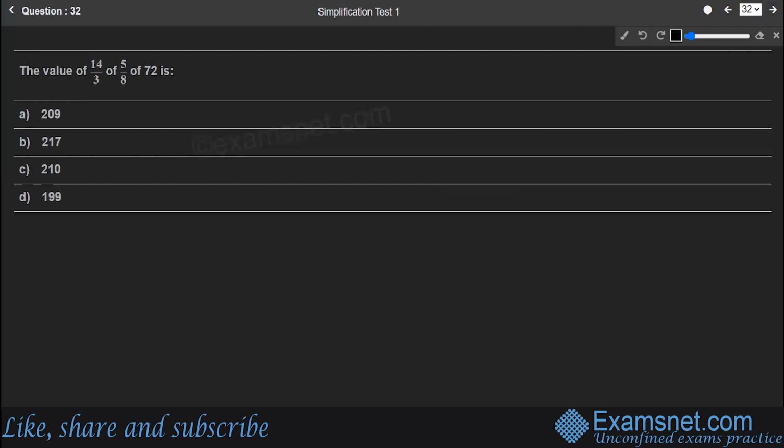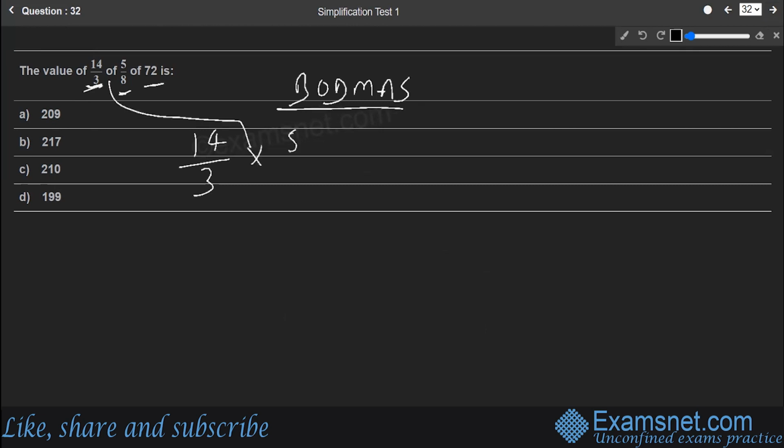Now, the value of 14 by 3 of 5 by 8 of 72 is, again, an expression that can be solved following the BODMAS rule. In place of 'of' we can write into: 14 by 3 into 5 by 8 into 72. So this is the expression written like. Now we can clearly solve this. Obviously the 'of' part is done first, so we need to multiply them together.